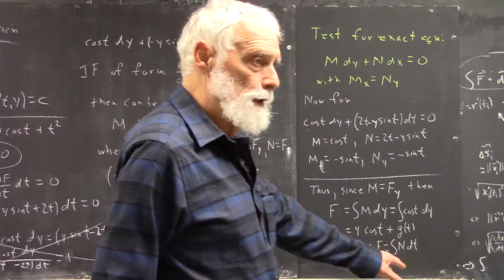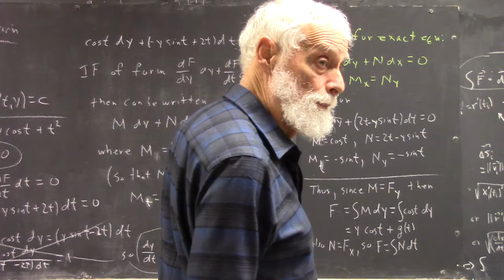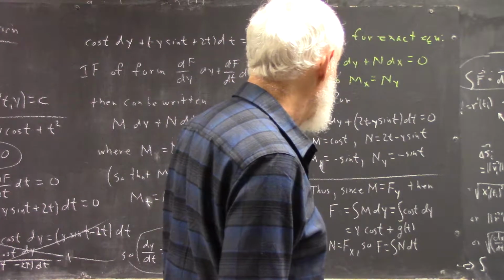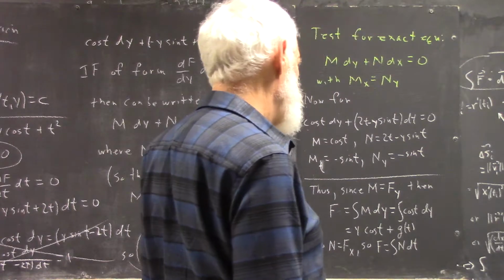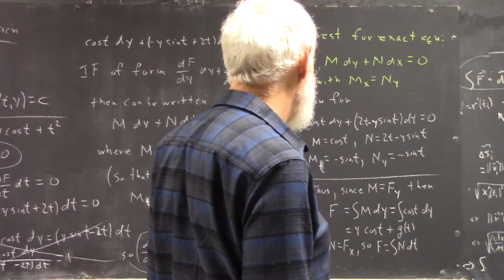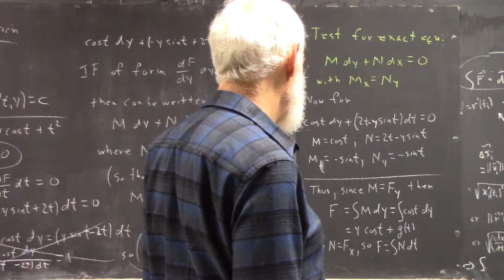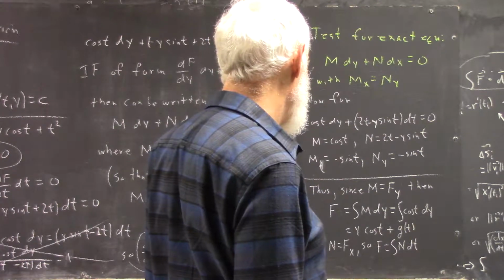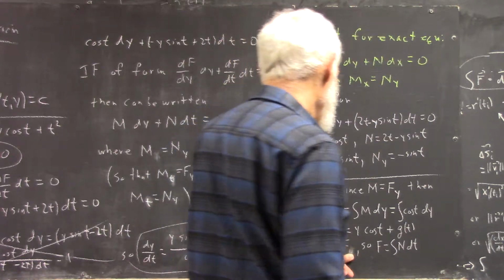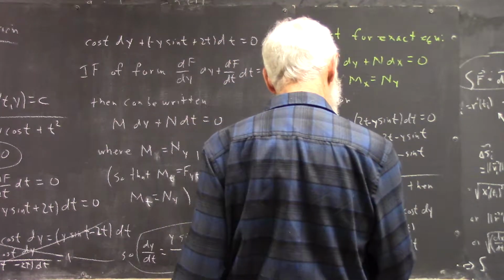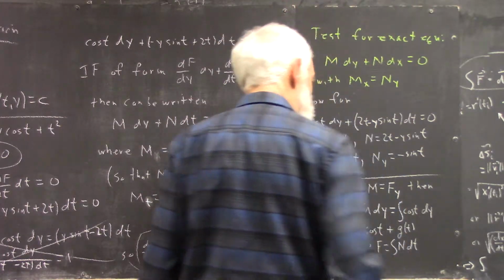So f is going to be an integral of n dt, right? Now I'm writing x's, and where did I write an x? Yeah, n is f t. Okay.